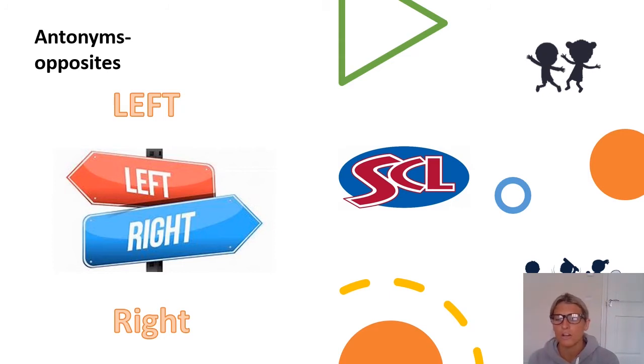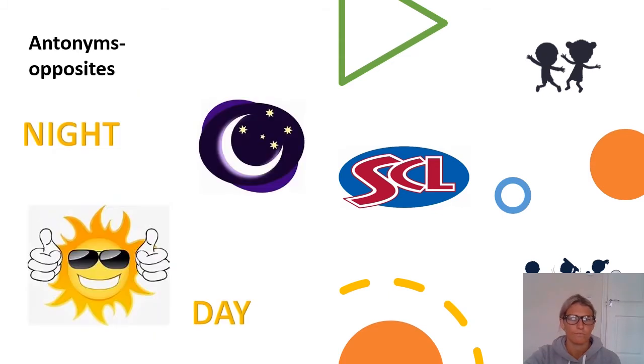If someone asked you to go left, the opposite word would be if somebody asked you to go right. Another good example is if it was night, the opposite would be if it was day.